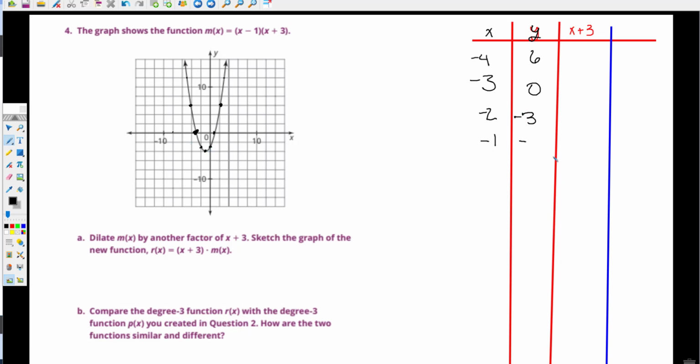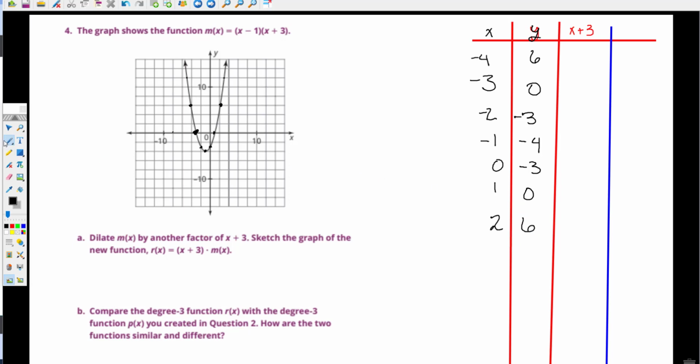At 1, I'm at 0. And then at 2, I'm back up at 6.